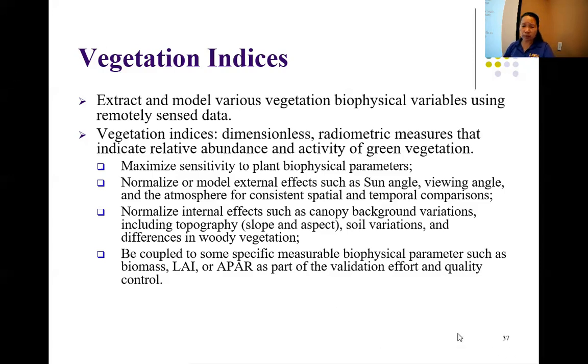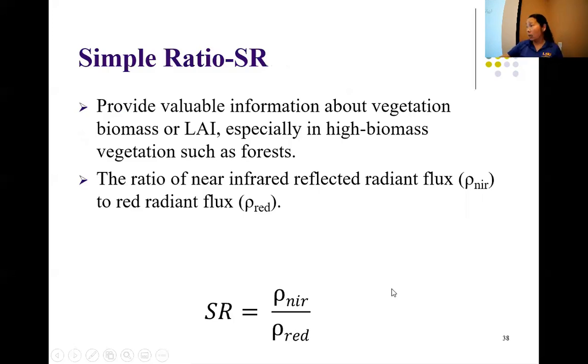So the tools that we introduce in this chapter are very important. The simplest one, the first one, is the simple ratio, which is SR. It provides valuable information about vegetation biomass or LAI, especially in high biomass vegetation such as forest. What this means is that this index corresponds well to biomass or LAI.